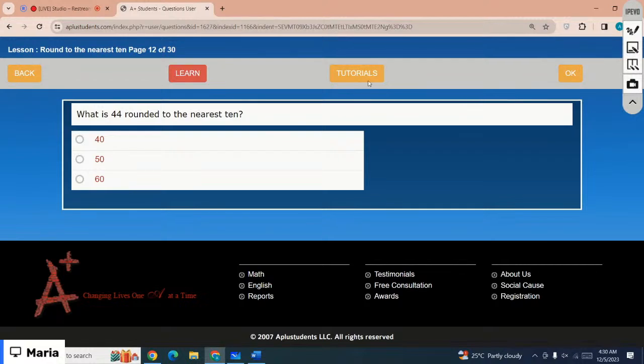Yes, the correct option is 40. 44 is rounded off to 40. The correct option is 40. Very good.